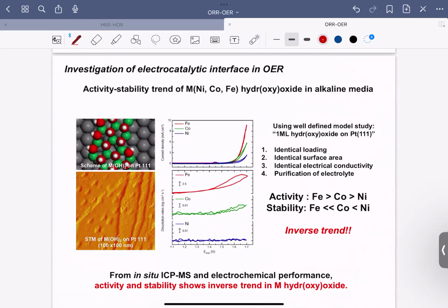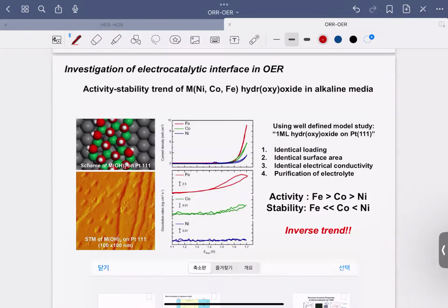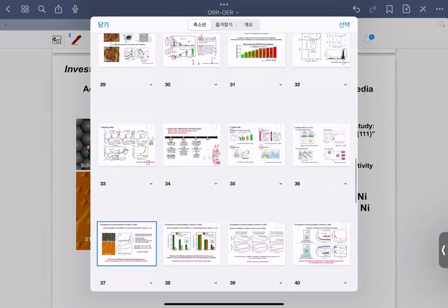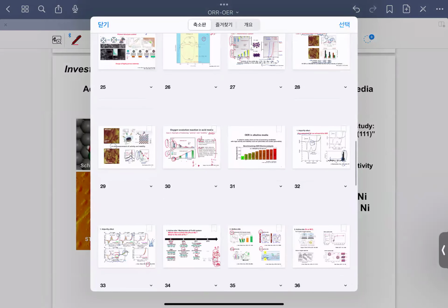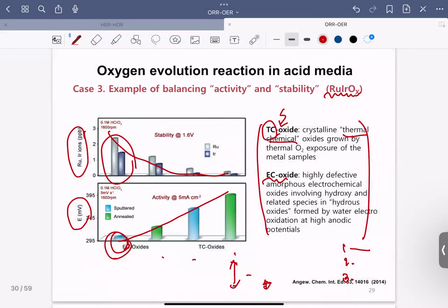My supervisor at the time proposed that I not think about the mechanism, but just focus on the activity stability trend in alkaline media, right? Before we go any further, I would like to revisit the trend we discussed in acidic media.